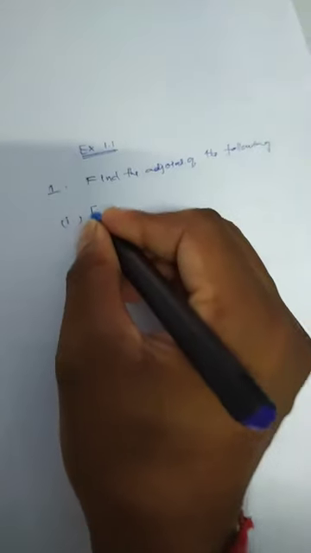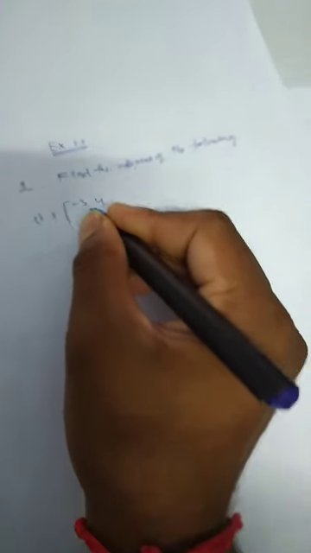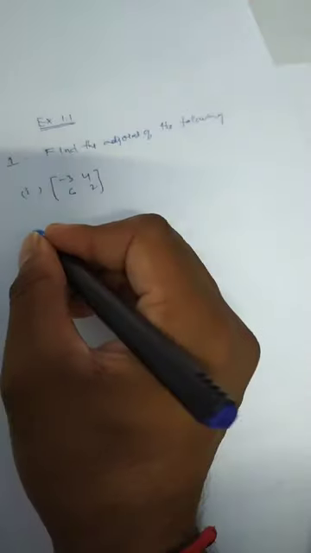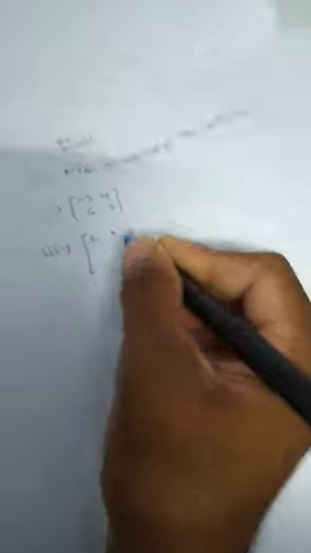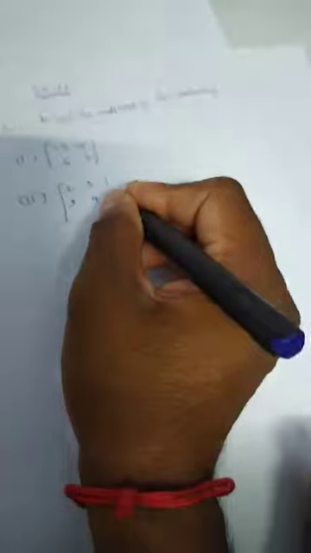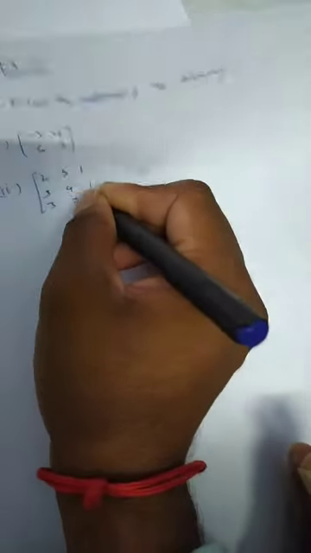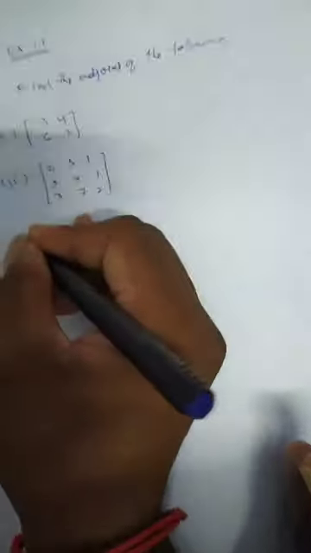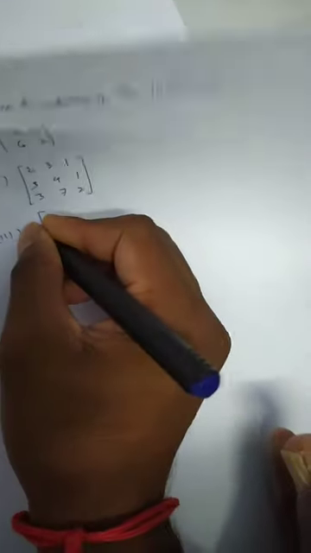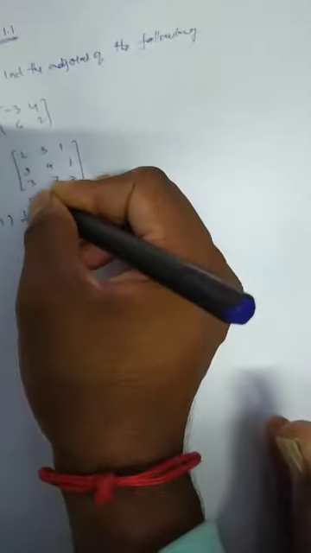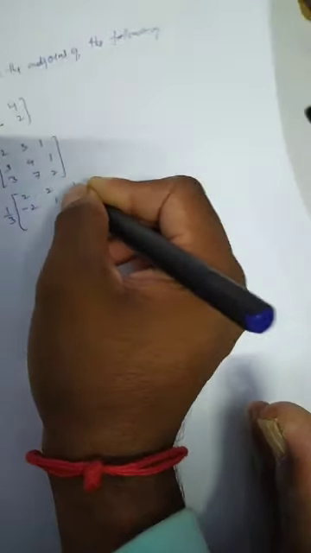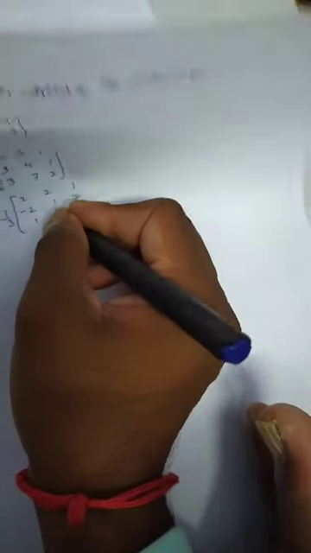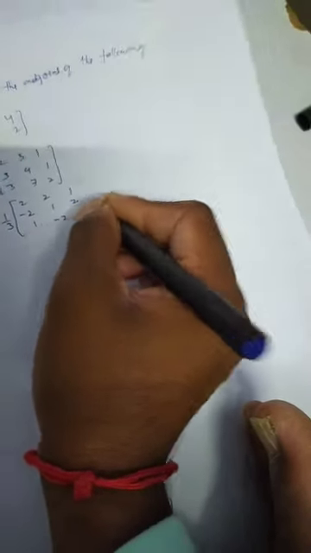First matrix is -3, 4, 6, 2. Second problem is 2, 3, 1, 3, 4, 3, 4, 1, 3, 7, 2. Third one, 1 by 3, 2, 2, 1, -2, 1, 2, 1, -2.